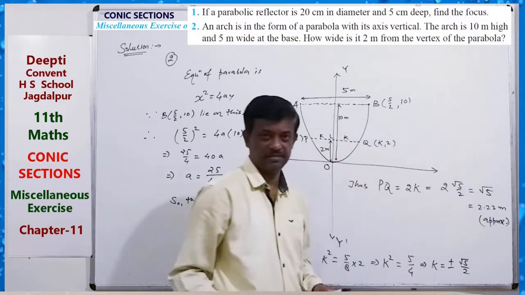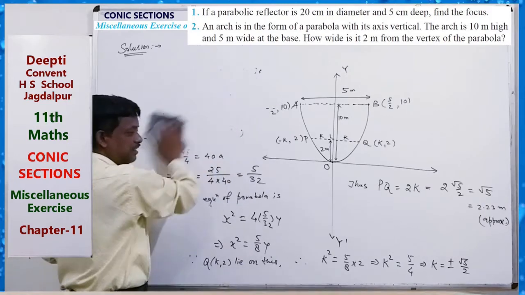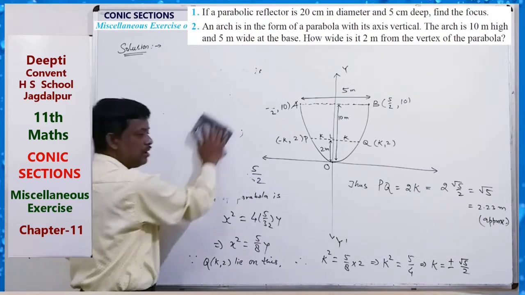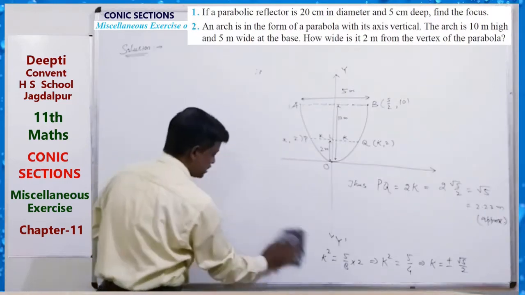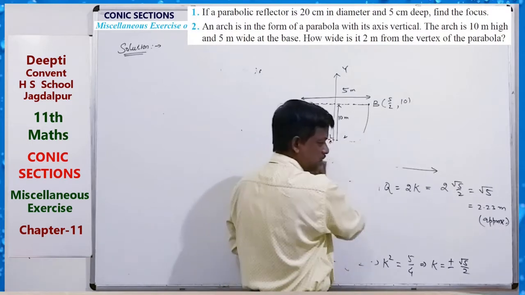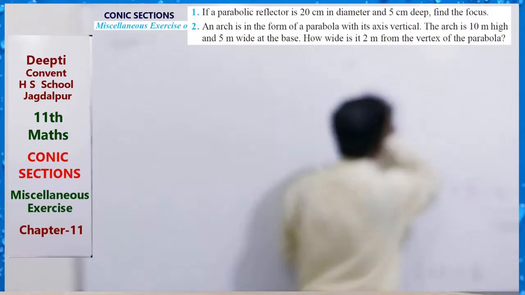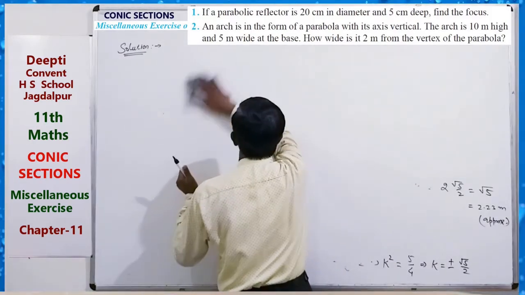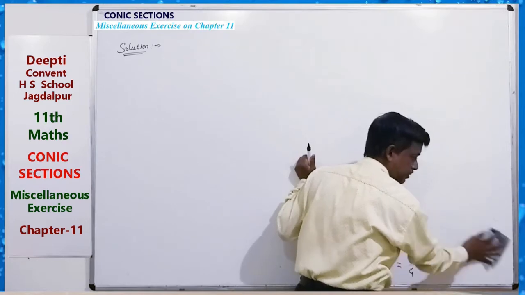The third question, just see. A cable of a uniformly loaded suspension bridge hangs in the form of a parabola, meaning the cable's hanging position is like a parabola.